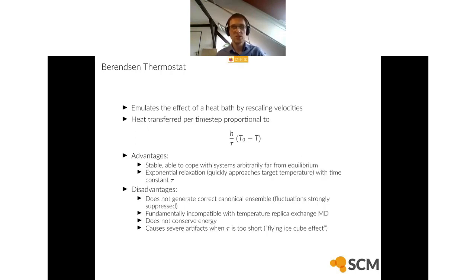There will be no quantity that should be exactly conserved. Also, if you set the time constant too low, you will get all kinds of severe artifacts generated due to the way the thermostat works. The most well-known of them is the so-called flying ice cube effect, which we'll come to a little bit later.